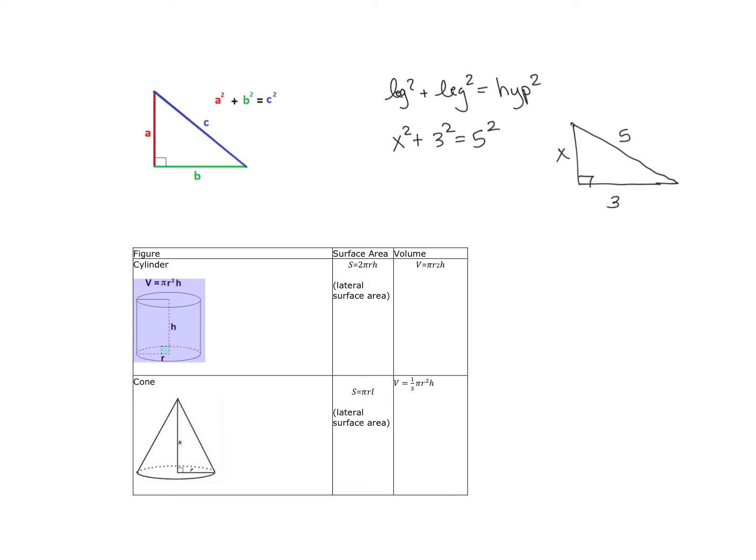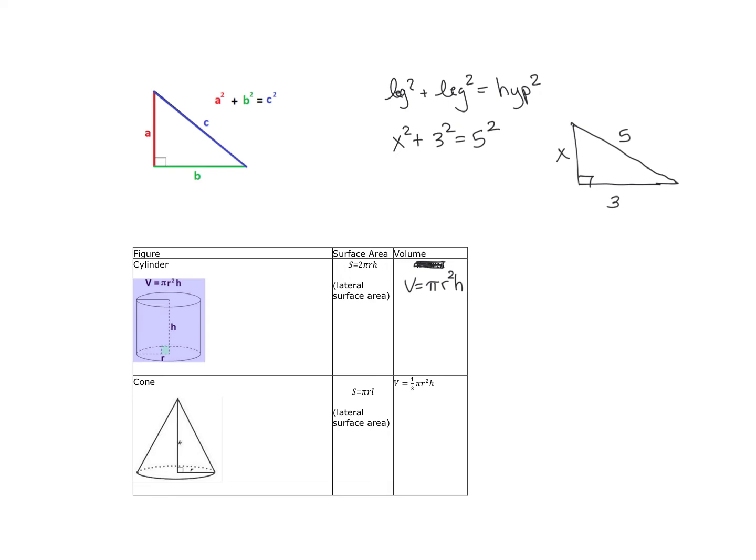Also, you'll be working with problems in calculus that use cylinders and cones. The surface area of a cylinder is S equals 2 pi RH. The volume is pi r squared h. For a cone, your surface area is S equals pi RL, where L is your lateral surface area.